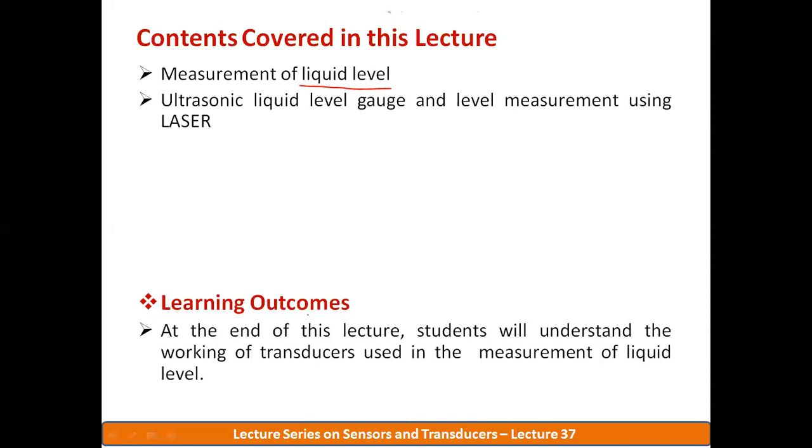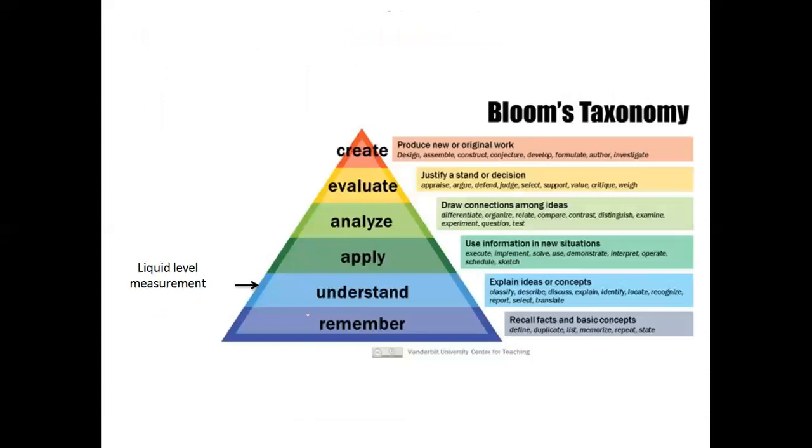The learning outcome of this lecture is that students will have a better understanding of the working of transducers used in the measurement of liquid level. Today's topic comes under the understanding level of Bloom's taxonomy, because we are mainly concentrating on the construction and working of transducers.